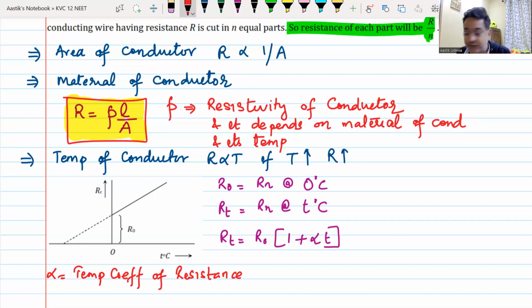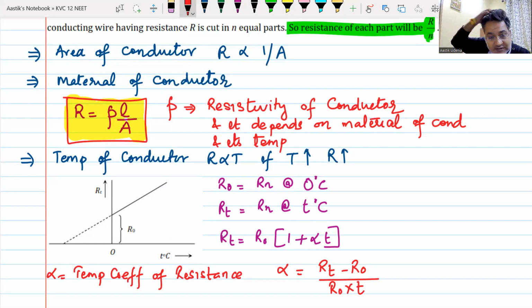You can find out the value of alpha: it will be RT minus R naught divided by R naught into the temperature T. Do we understand this? Yes, sir.